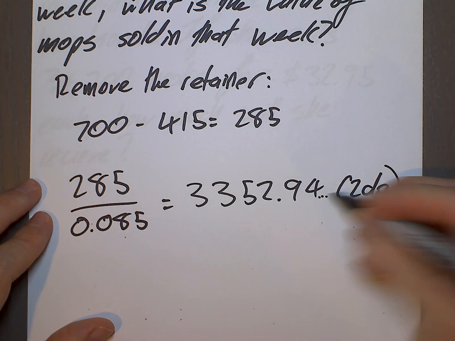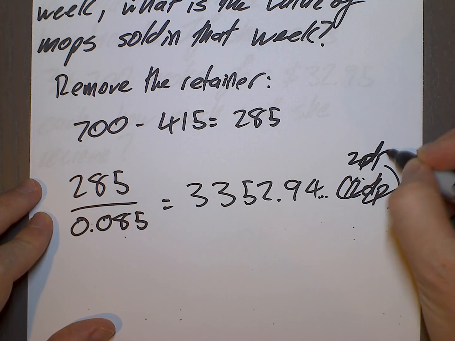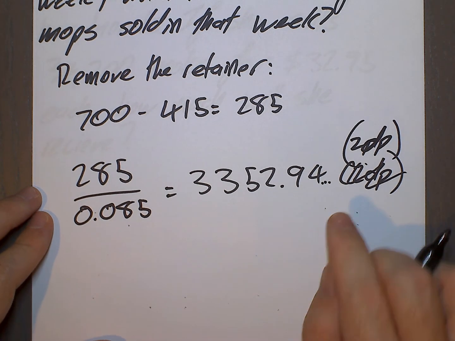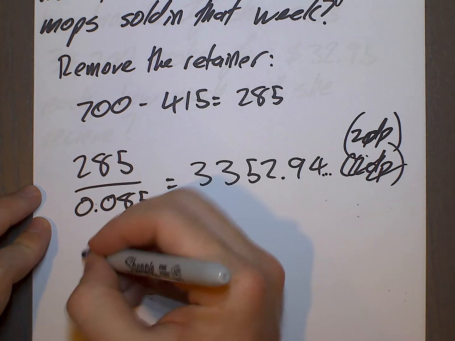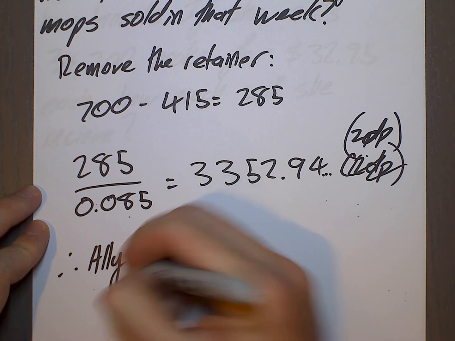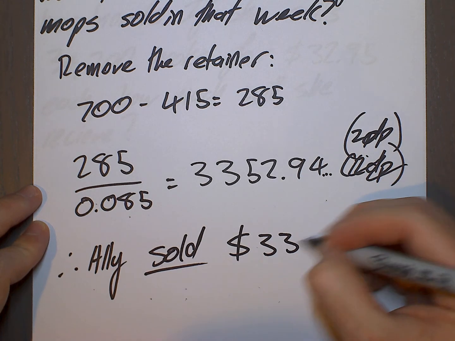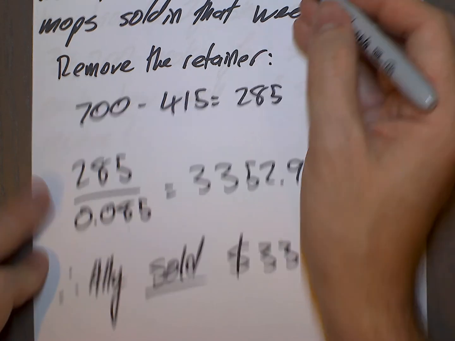Usually we'd have the full decimal and then we'd have our 2 dp, but we're just going to include our 2 dp just here. Don't tell anyone. So she sold that much worth of value. Okay? So Ali sold $3,352.94 worth of mops to earn $700.